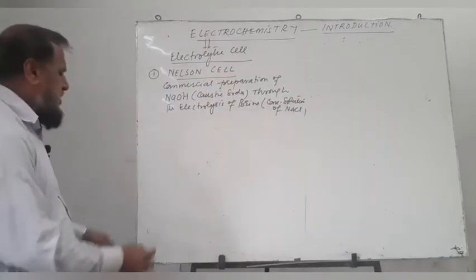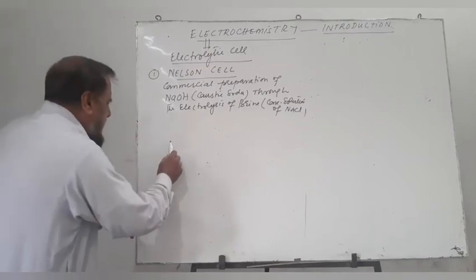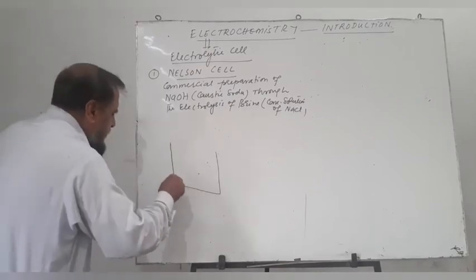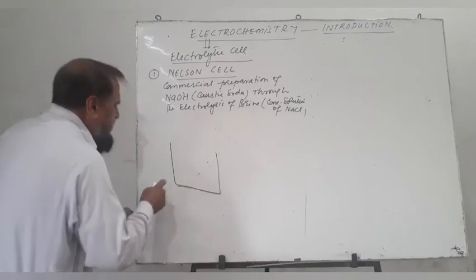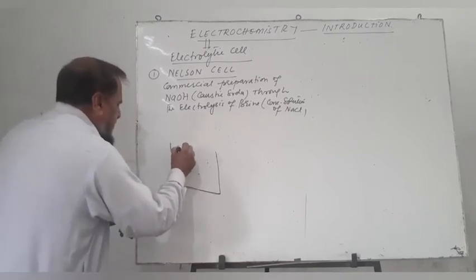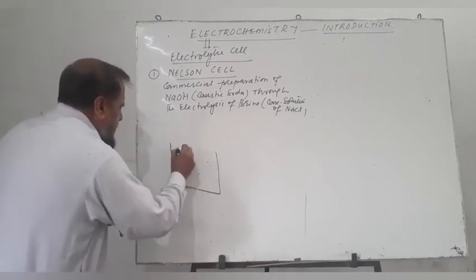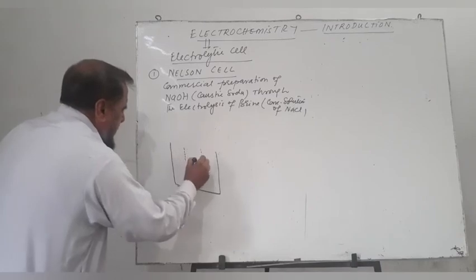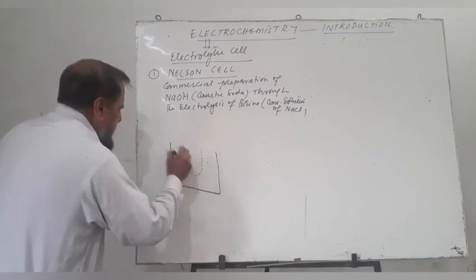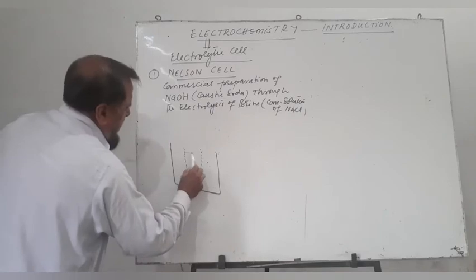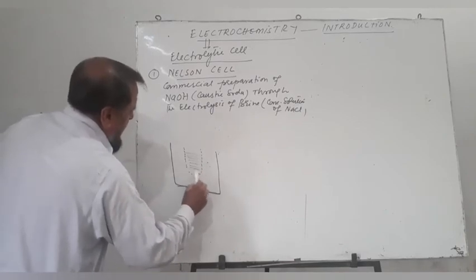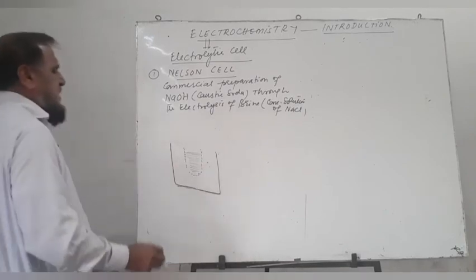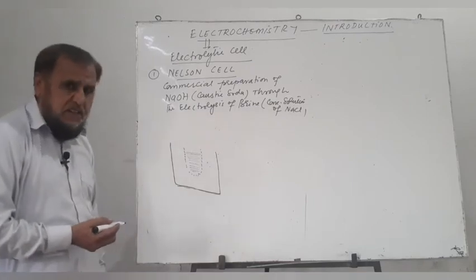Its construction is that it consists of an oblong steel tank, a tank which is made up of steel, having a porous diaphragm in the middle. This porous diaphragm is made up of asbestos. This porous diaphragm contains the solution of brine and is provided with a constant level device.